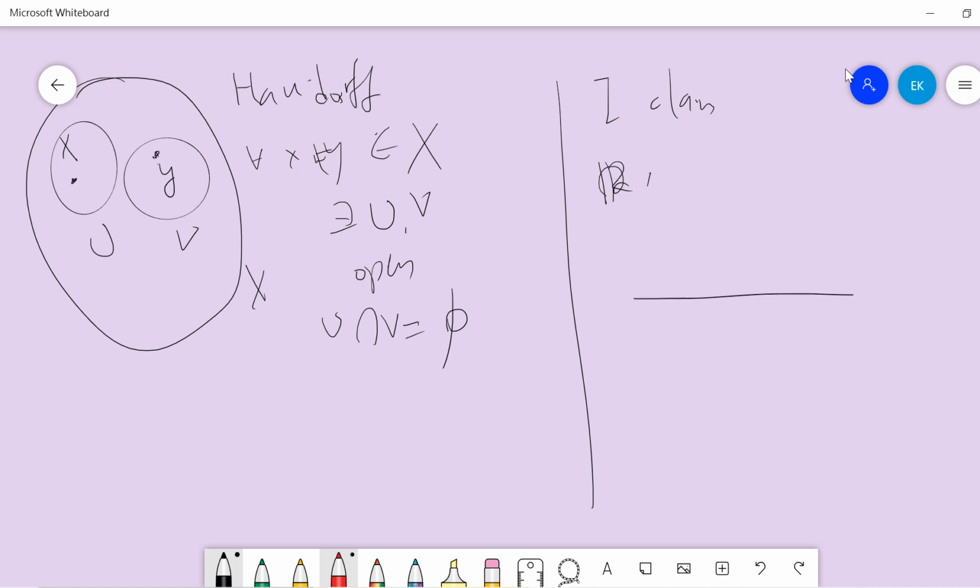The reason is simple: once you have x and y, no matter how close they are, there's still some distance between them. So you can use two small half open intervals, with length smaller than half of the distance, to separate them. So this is Hausdorff.